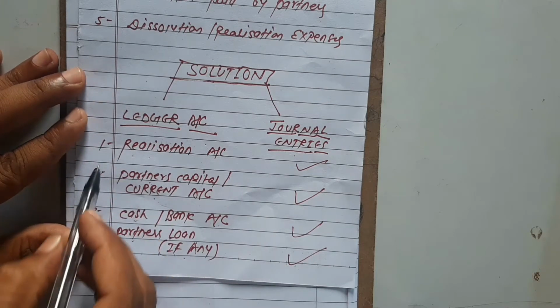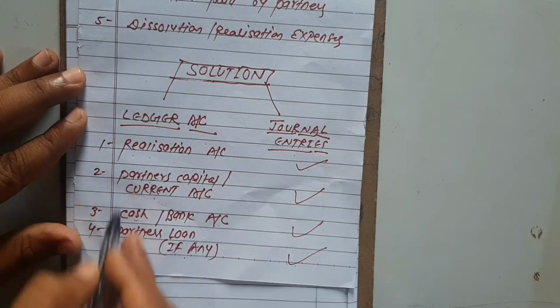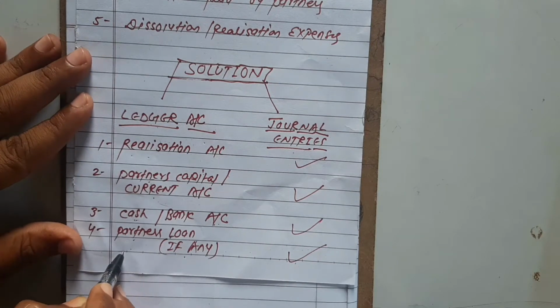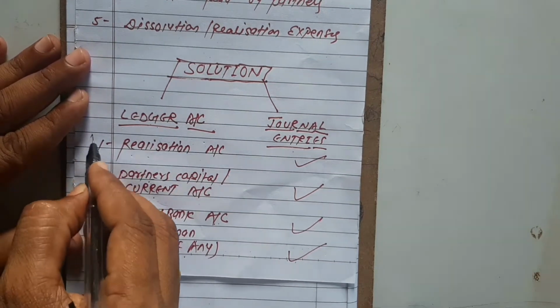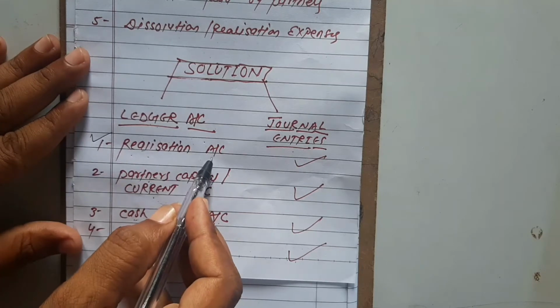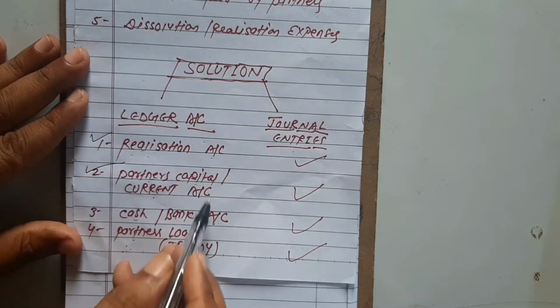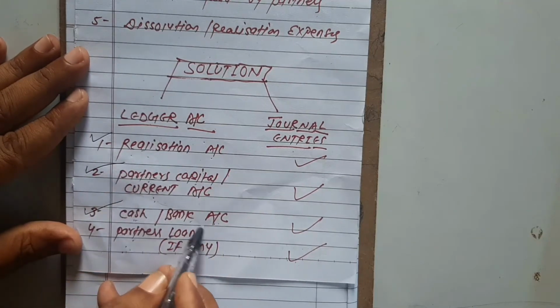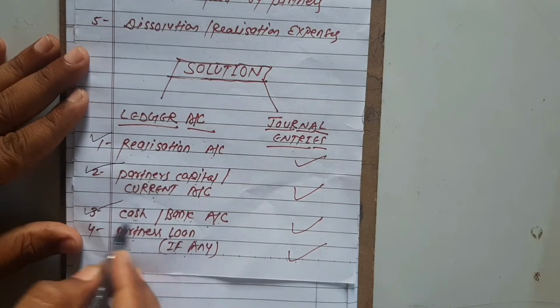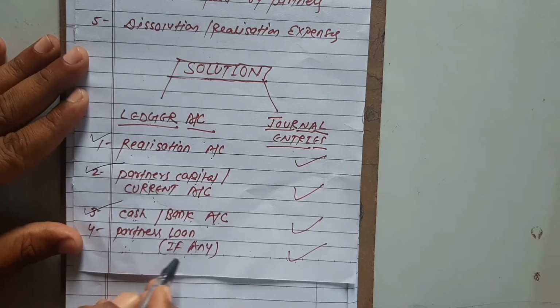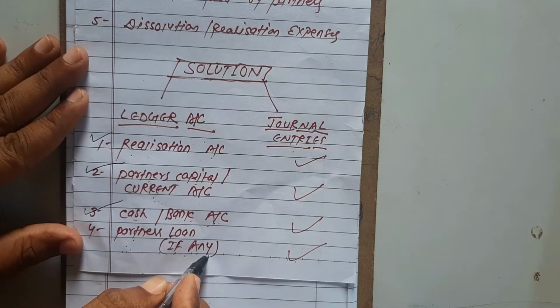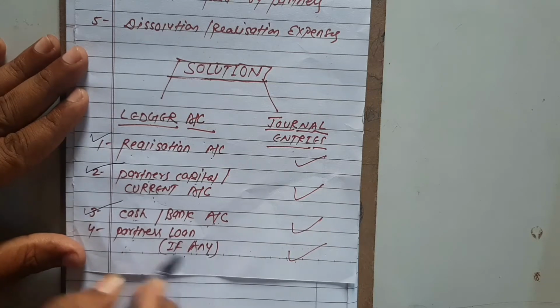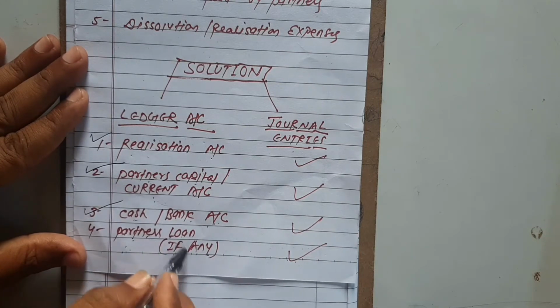So there are only 4 accounts to be prepared, and out of these 4, only 3 are a must. Realization is compulsory, partner's capital or current, and the third one the cash or bank. And partner's loan is an optional account.